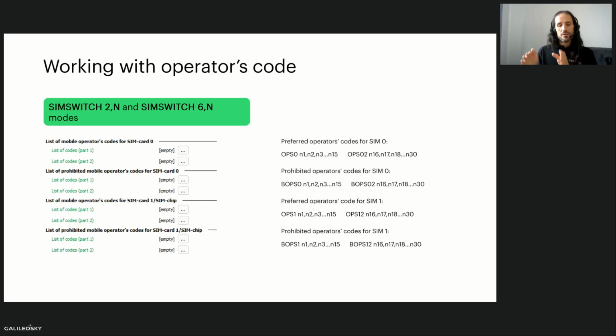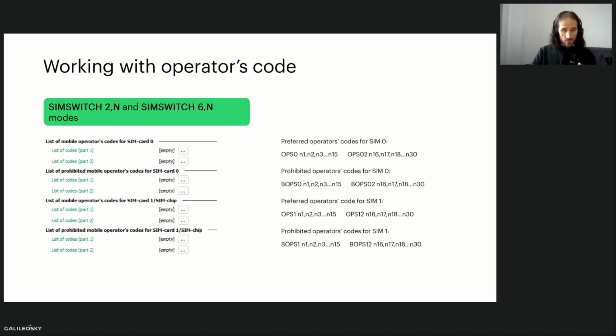Okay. And then we have the list of prohibited codes. Prohibited codes means don't connect to this one. Whatever happens, you should not connect to this code, right? Okay. So for this, you can find here the different codes, the different commands to send to the device to configure it.